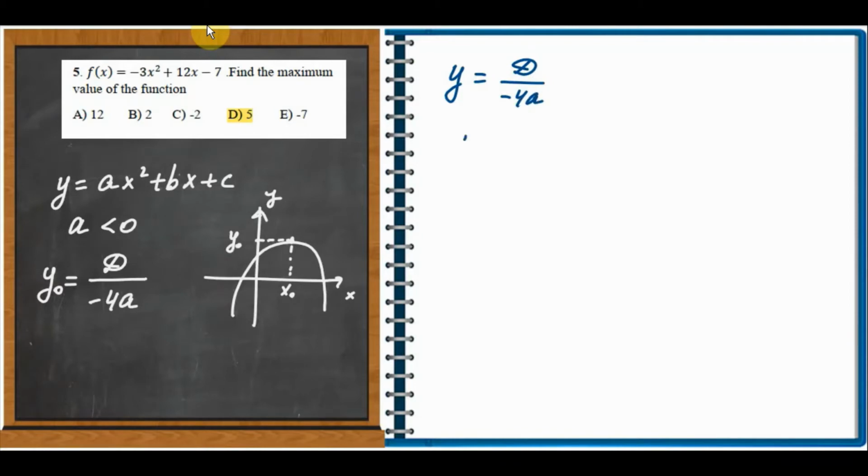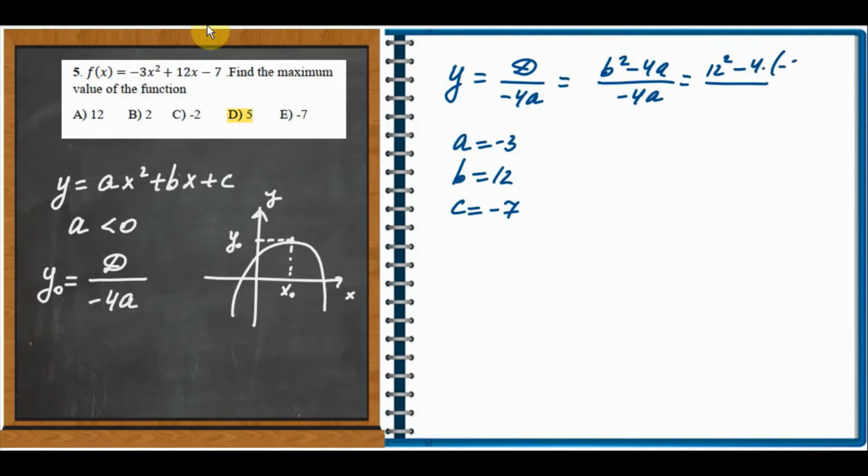And we know that a is negative 3, b is 12, c is negative 7. What is D? It's the discriminant. B squared minus 4ac over negative 4a. B squared is 12 squared minus 4 times a times c, which is negative 7, over negative 4 times negative 3.